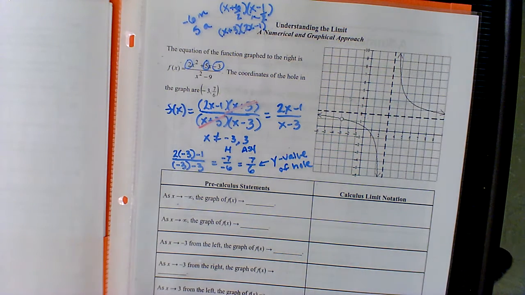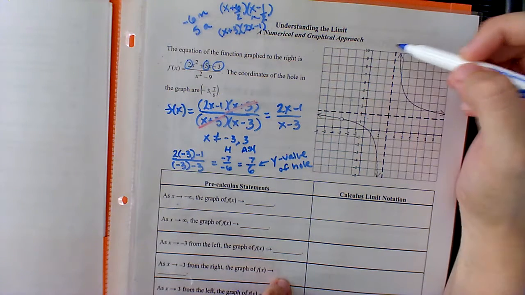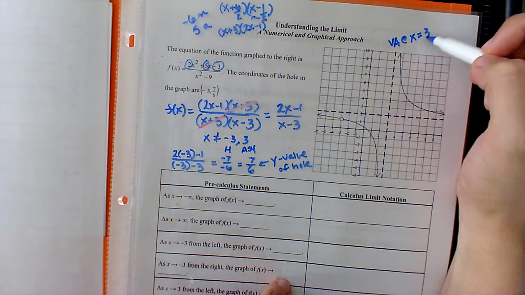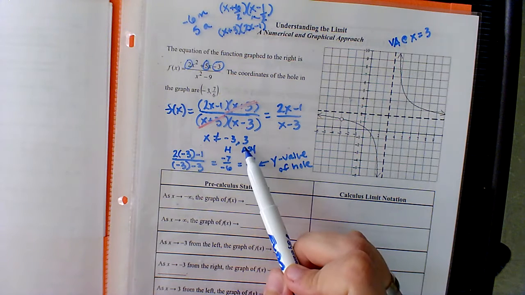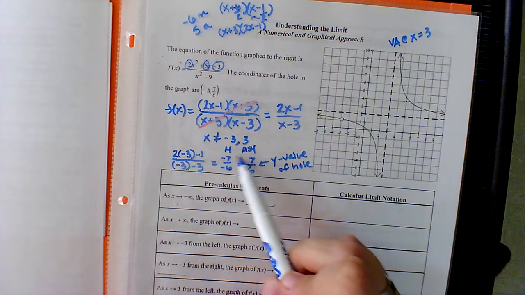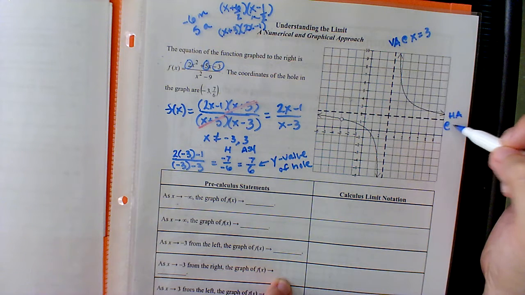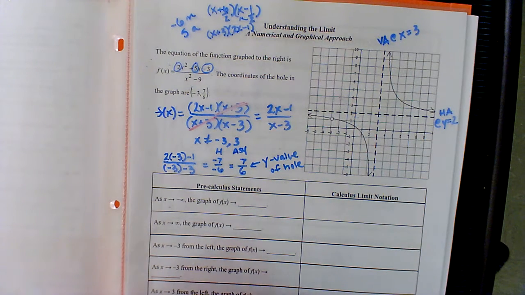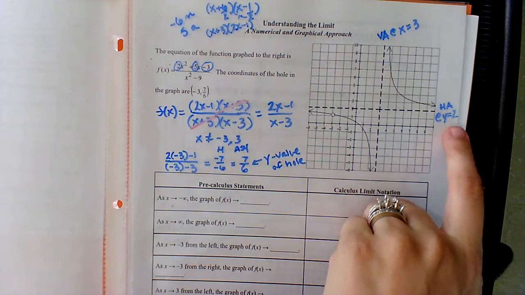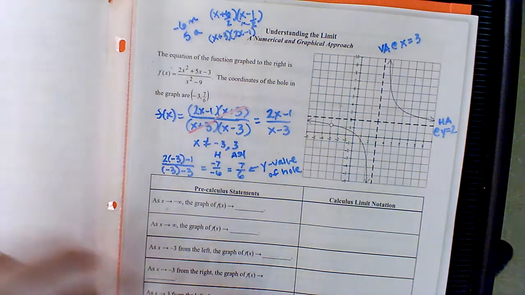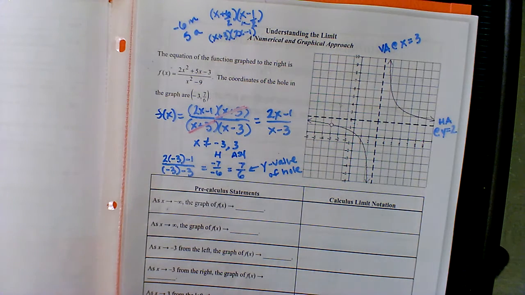Let's see. We can maybe label some things on here. Notice how we have a vertical asymptote at the x value of 3. We said that made sense from the hole canceling and not canceling idea. We also have a horizontal asymptote at the y value of 2. Where do you think that horizontal asymptote of 2 is coming from? Can you look at your equation? Maybe make a guess.